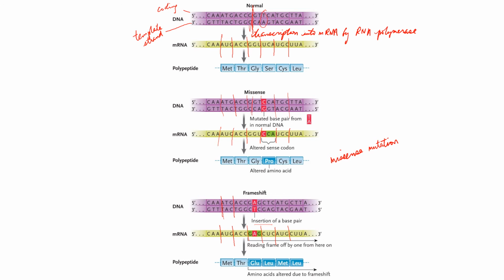And by fluke, we still end up with leucine at the end. Right? But look at it, rather than one amino acid being changed in this missense mutation, we now have many amino acids being altered due to that frame shift. So we're literally shifting the frame along. And deleting nucleotides can have a similar effect.